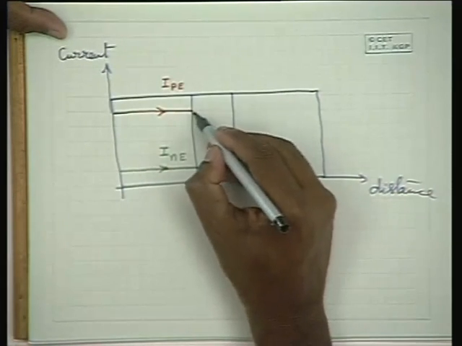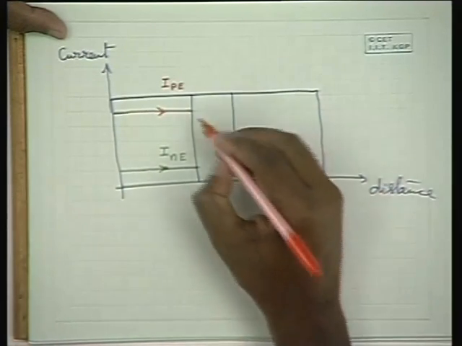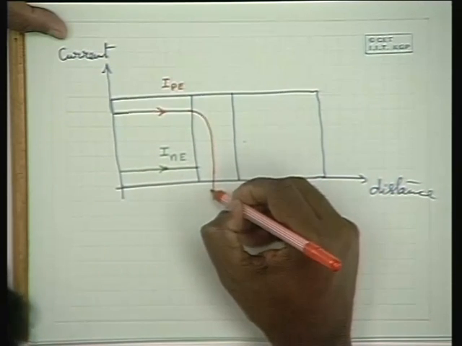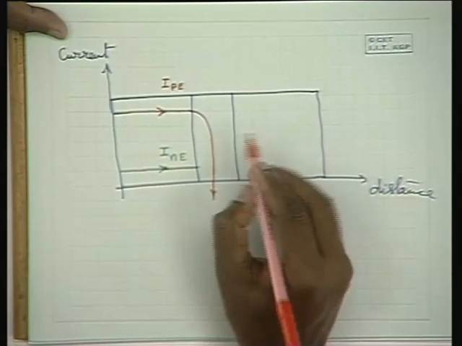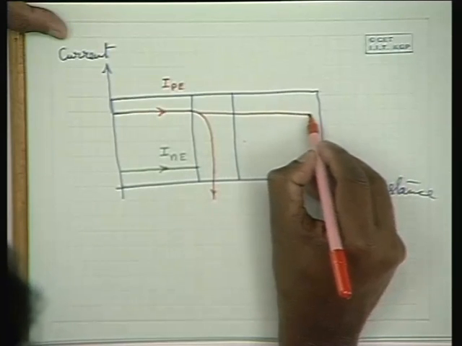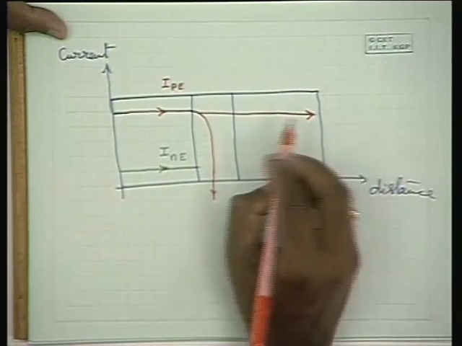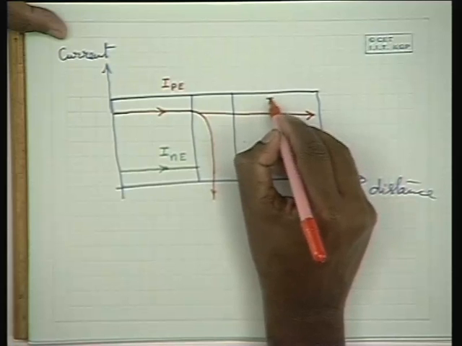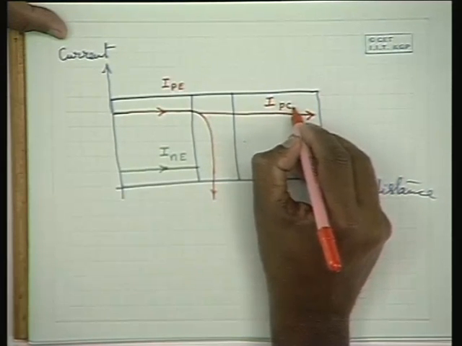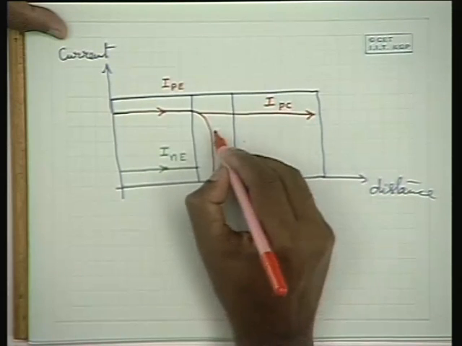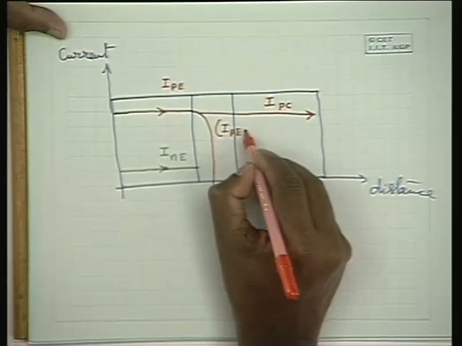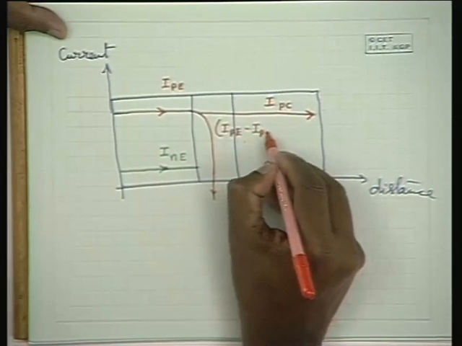Now part of this goes out as base current, and most of it passes into this region as the collector current. So if I indicate this as IPC, then this part is naturally IPE minus IPC.